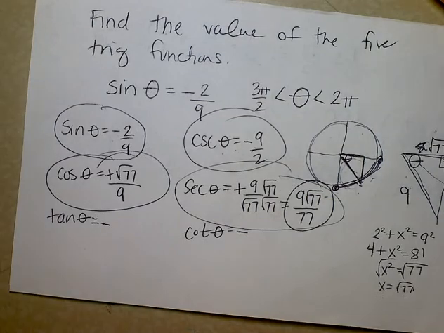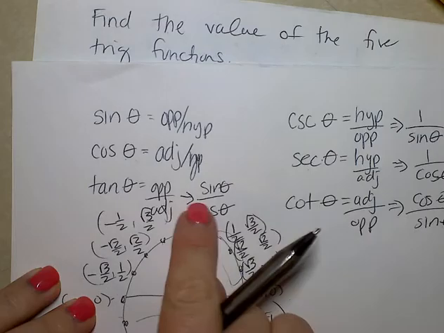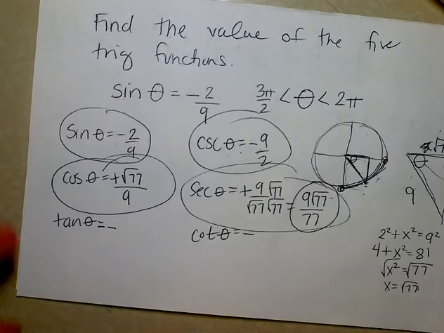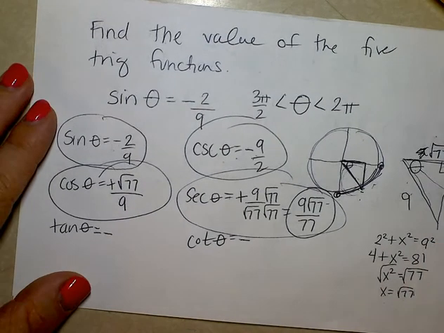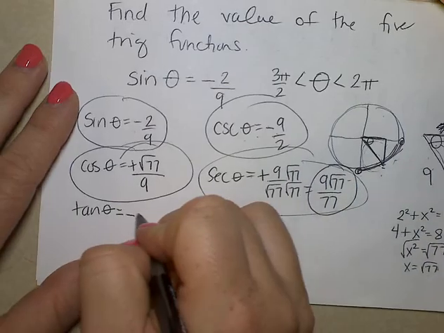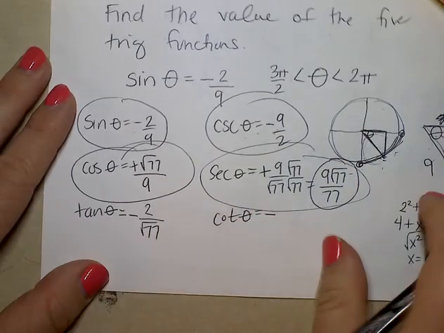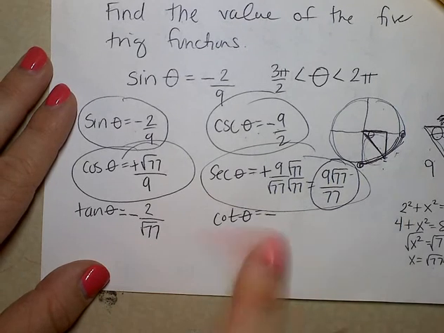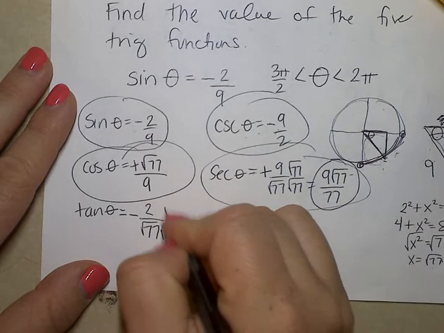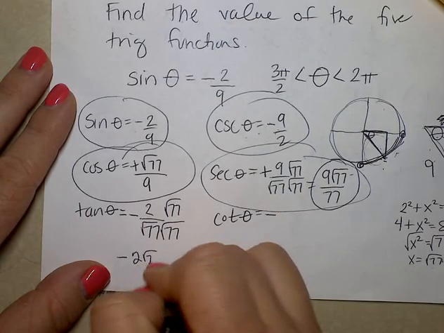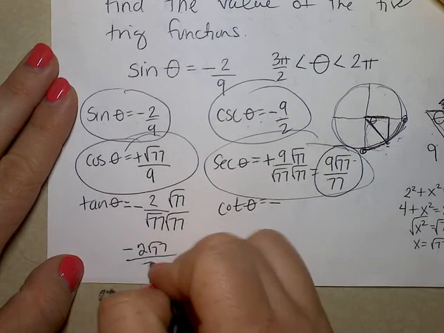Okay, tangent. Tangent is going to be opposite over adjacent. Opposite over adjacent. So opposite is 2, adjacent is radical 77. Again, this is not mathematically wrong, but it's not proper. So I'm going to take it times radical 77, and I'll get negative 2 radical 77 over 77.